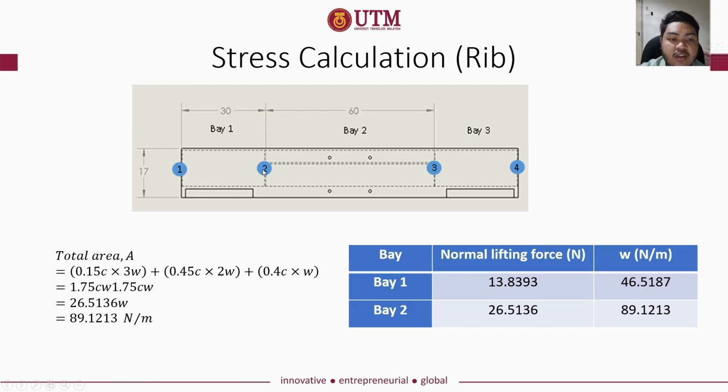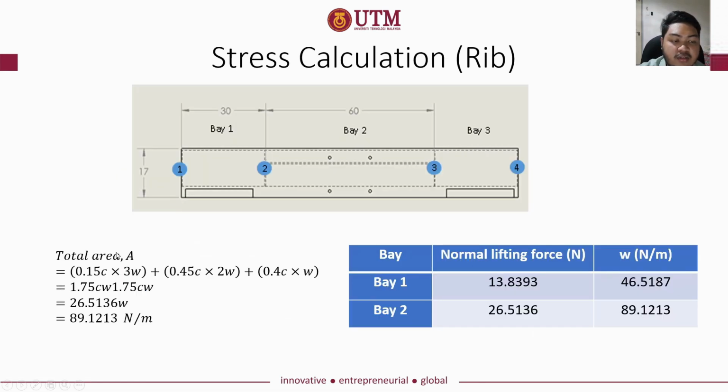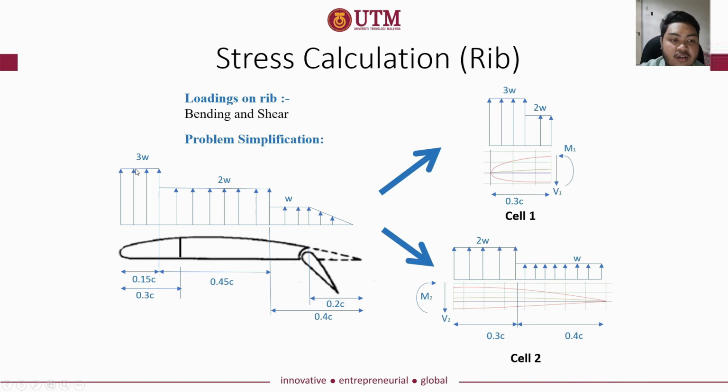Location 1 until 2 we call bay 1, the middle part is bay 2, and the rest is bay 3. For the calculation of the wing loading in the previous slide, we calculated the wing loading by using the total area of this distribution.